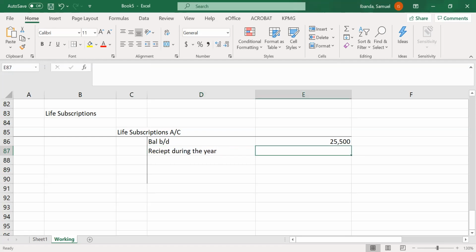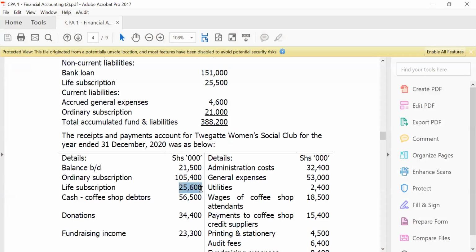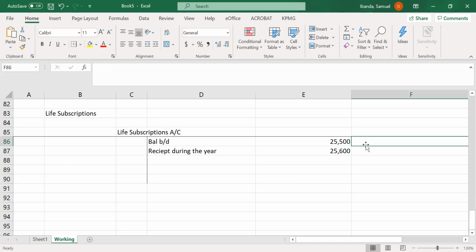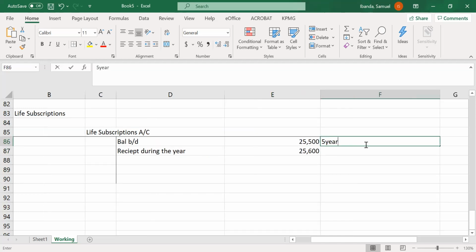So the receipt during the year is getting from the receipts and payments, which is 25,600. So they have told us that this is remaining with a period of 5 years. Well, this is for 10 years. This is just my working and to demonstrate something.